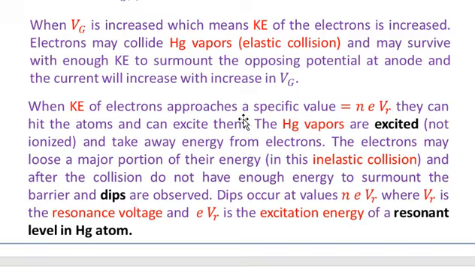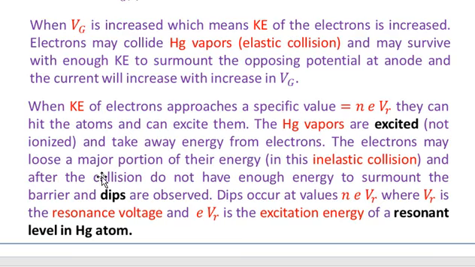So when the kinetic energy of the electron approaches a specific value equal to n times EVR, they can hit the atoms and excite them. The mercury atoms are excited, not ionized. This is important from the previous setup: here we want the mercury vapors to be excited, not ionized, and take away energy from the electrons during the inelastic collision.